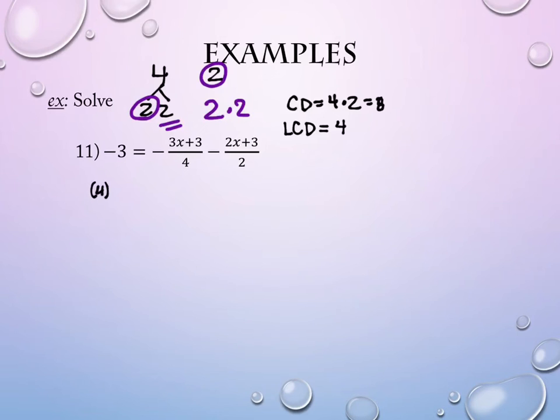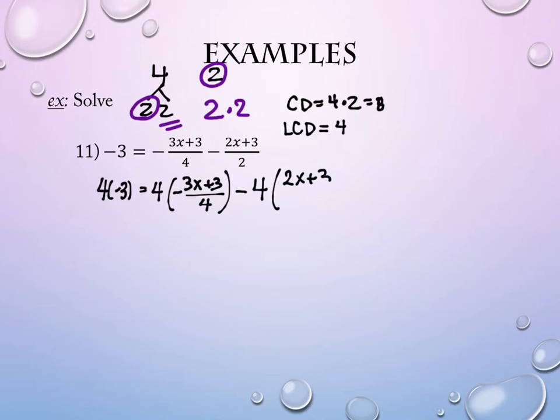So I have 4 times negative 3. I have 4 times negative 3x plus 3 over 4, minus the 4 times 2x plus 3 over 2. I tried to do it that way, but I think I'm just going to put the negative in front of the 4. I can have a choice. It doesn't make any difference.